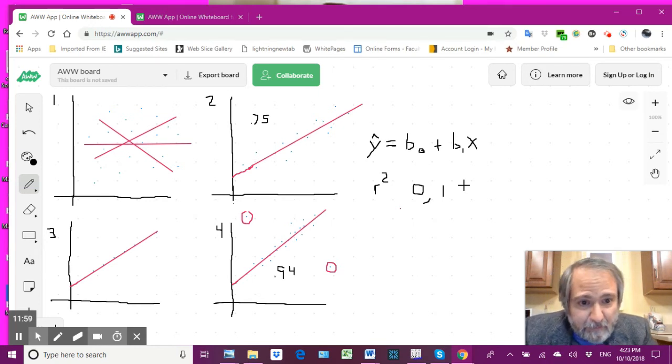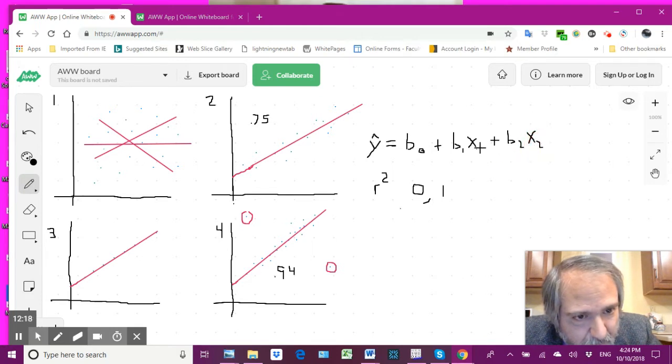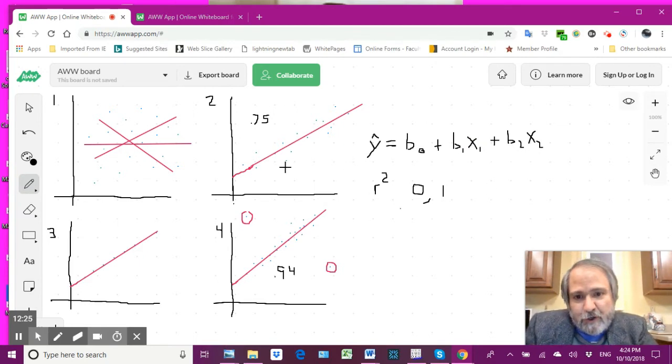Now, oftentimes you might add a second independent variable. So now I'm going to give them subscripts, x2, x1. And let's say that this was my situation here with just the one independent variable.